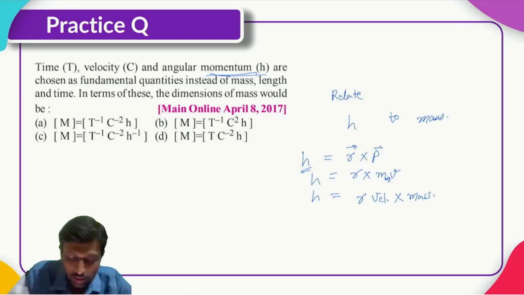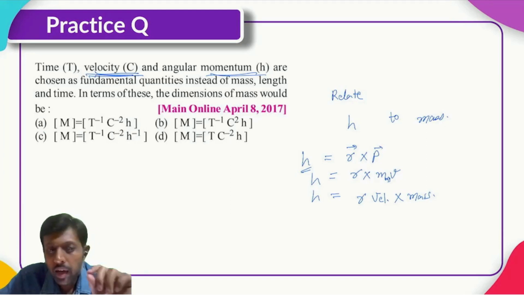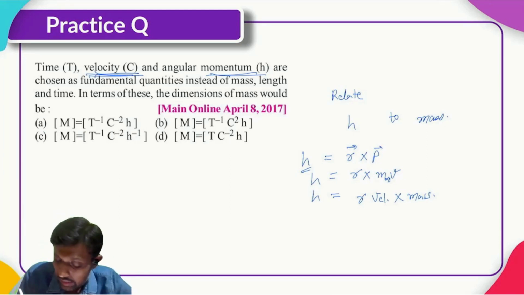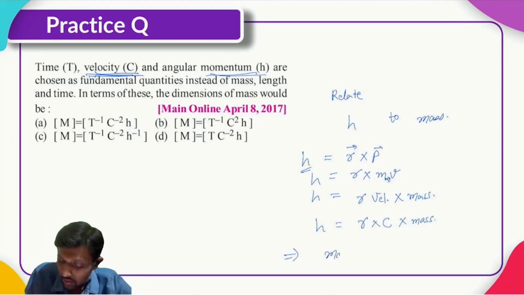You see, velocity is also a fundamental quantity according to the new system, and its symbol in this new system is c. So we'll write h is equal to r, which is the radius vector, c times mass, or mass will become h upon r times c.